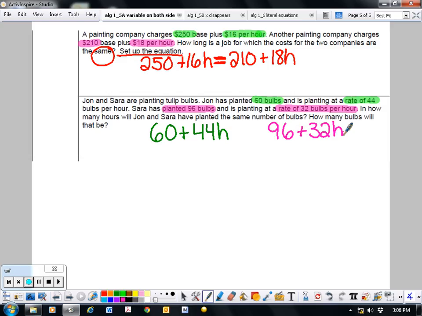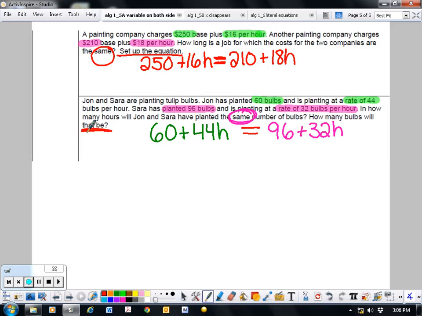And how many hours will John and Sarah have planted the same number? So we're back to that same number of bulbs. So if we want those to be the same, we set them equal. Now, the next part is, how many bulbs will that be?